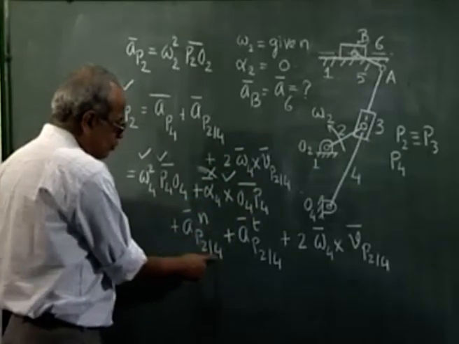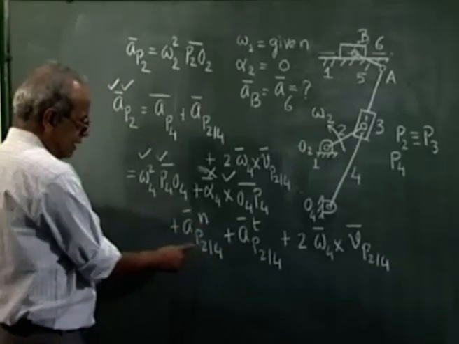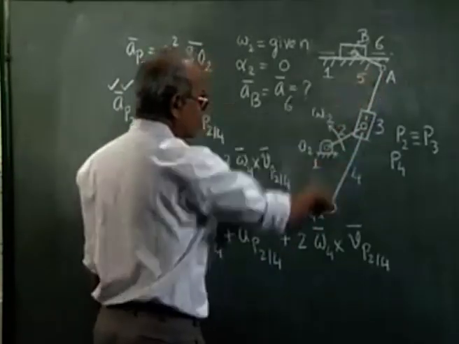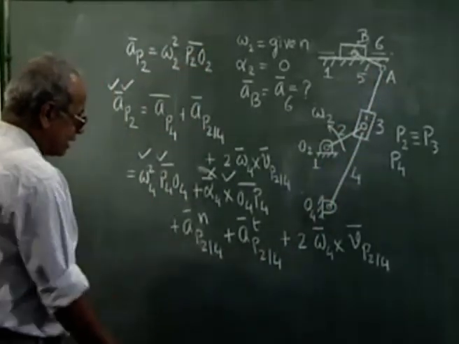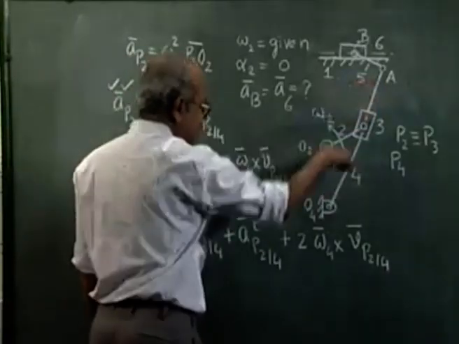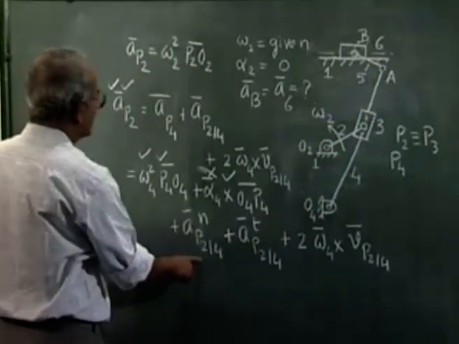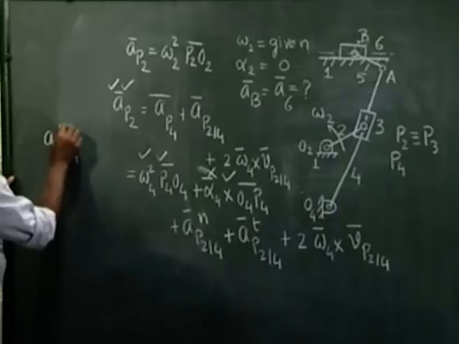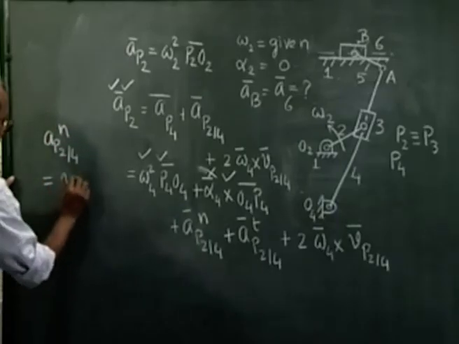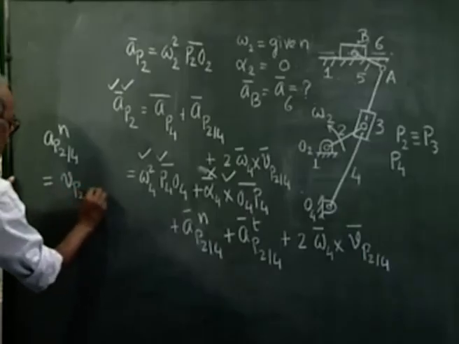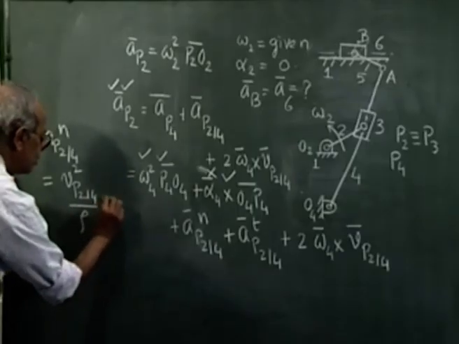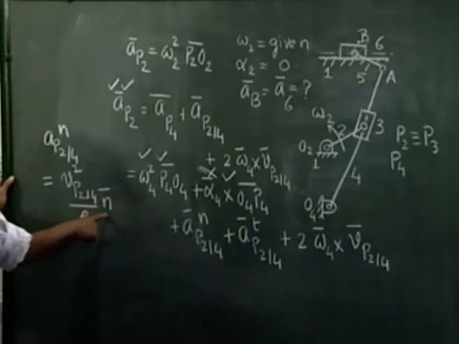Now AP24N, that is the path of P2 in body 4, which is the straight line O4A. Because it is a straight path, the radius of curvature of this path is infinity, and this, as we discussed earlier, if we write it separately, AP24 n is nothing but V P24 squared by rho along the normal to the path towards the center of curvature.